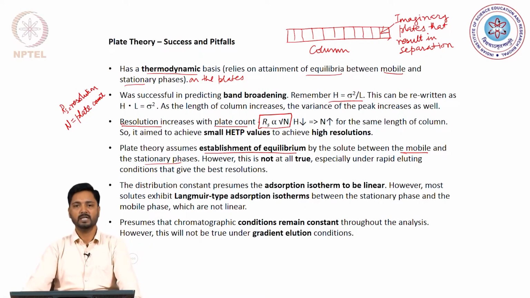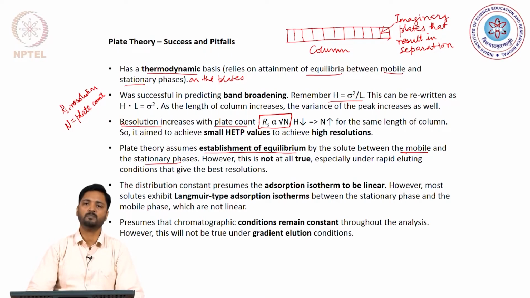So, the solute equilibrates between the mobile phase and the stationary phase on each plate, and this was very clearly challenged and was indeed found not to be true in real life chromatographic separations, which are expected to happen at a rapid pace. So, this establishment of equilibrium on each plate is an important presumption in plate theory, which was soon found to be not true.